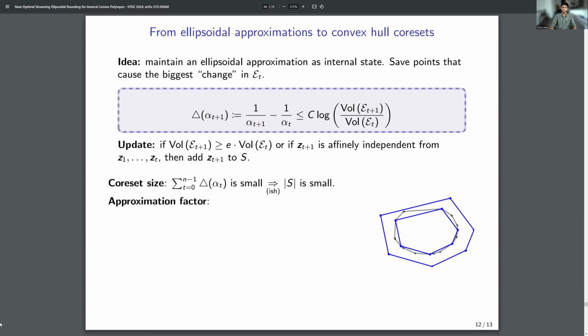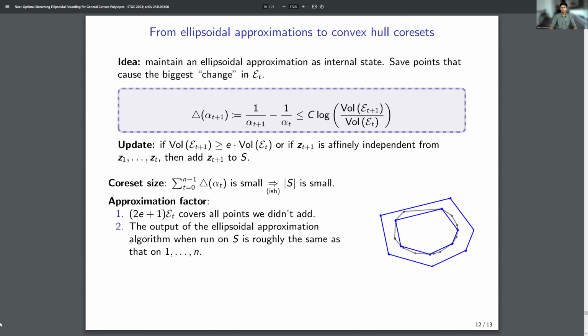Now, to analyze the approximation factor, we follow the following framework. First, you take the contrapositive of the update rule, and then it's easy from there to conclude that some constant rescaling of the ellipsoid at time t will cover all the points that we didn't add to the core set.